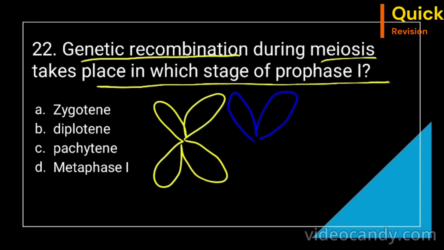So these are homologous chromosomes. Just to differentiate, I have drawn them in two different colors. What happens here is a small segment of the chromosome gets exchanged. In this way the genes are getting recombined. So that's why we call it genetic recombination.